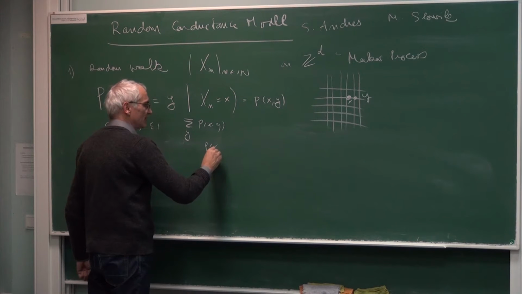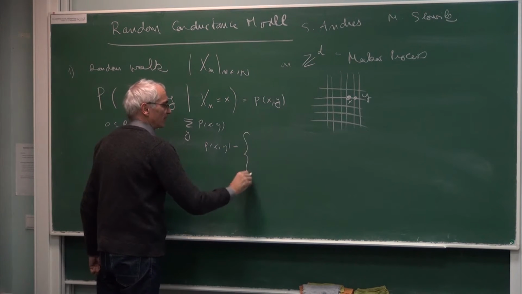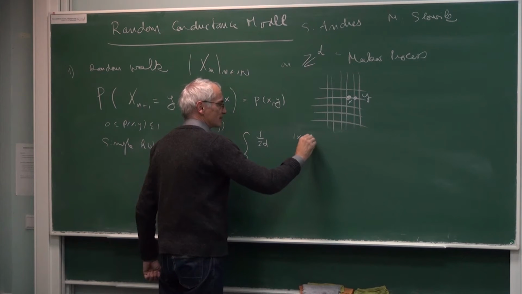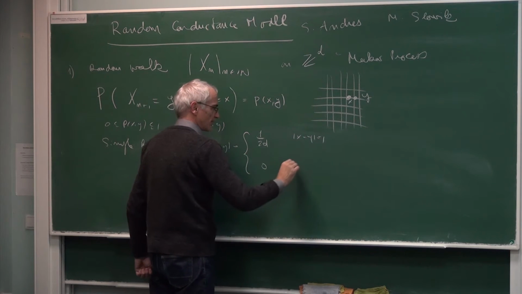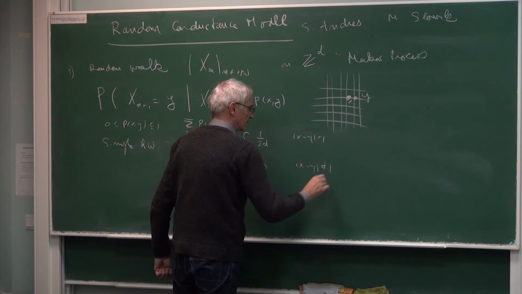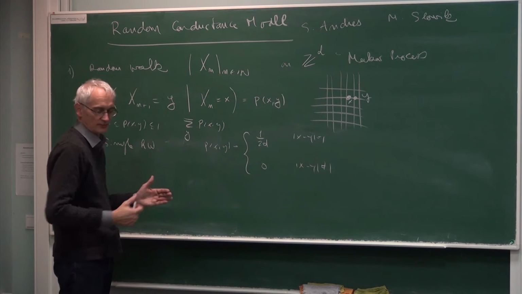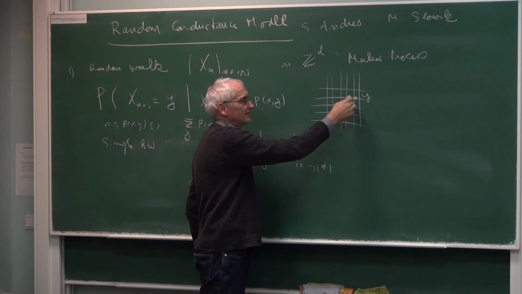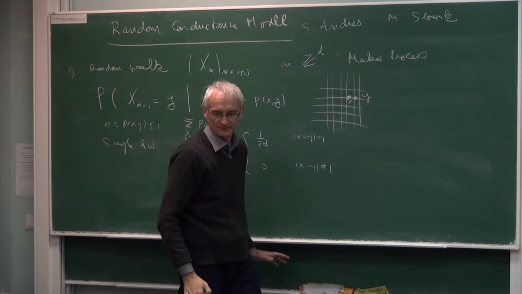So P(x,y) is 1 divided by 2d if y is a nearest neighbor of x, and 0 elsewhere. In particular, you don't stay put. So the particle looks at its neighbors and decides with the same probability to which neighbor it wants to jump.